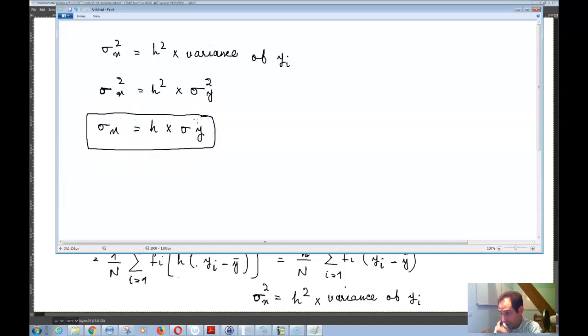And then we had some other equation, number 3, which was x bar is equal to a plus h times y bar.